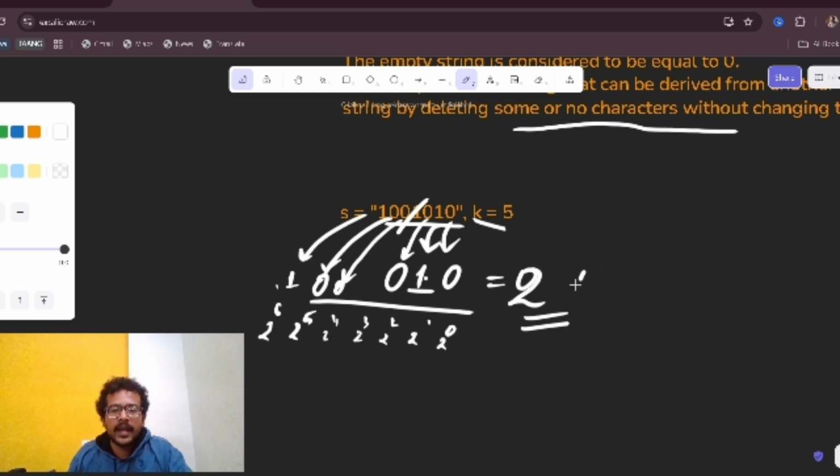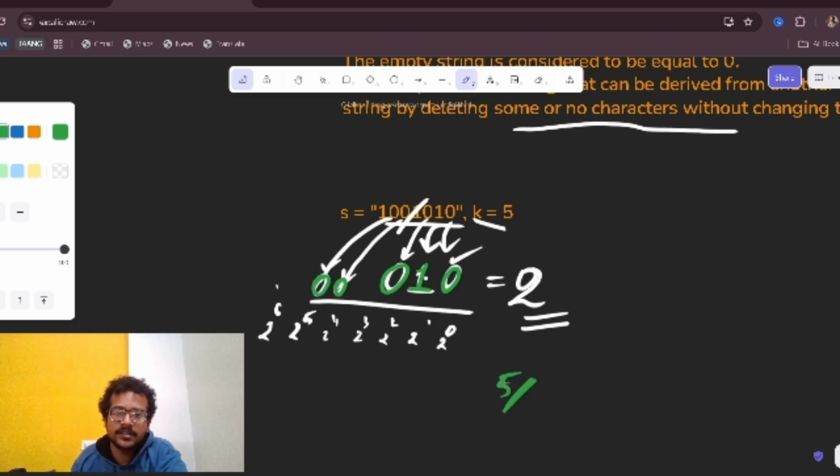So 64 plus 2 will be 66, so it will be exceeding. So I'll just not consider this one. Now, every time I'm considering an element, I will increment the size. Here 1, 2, 3, 4, 5. So the size of the subsequence is 5.